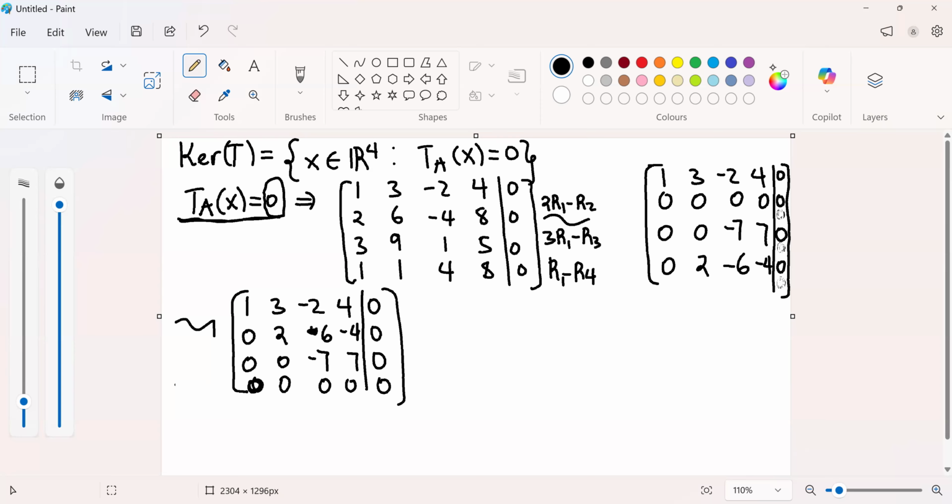Yeah, that's what I have. I swap the rows.